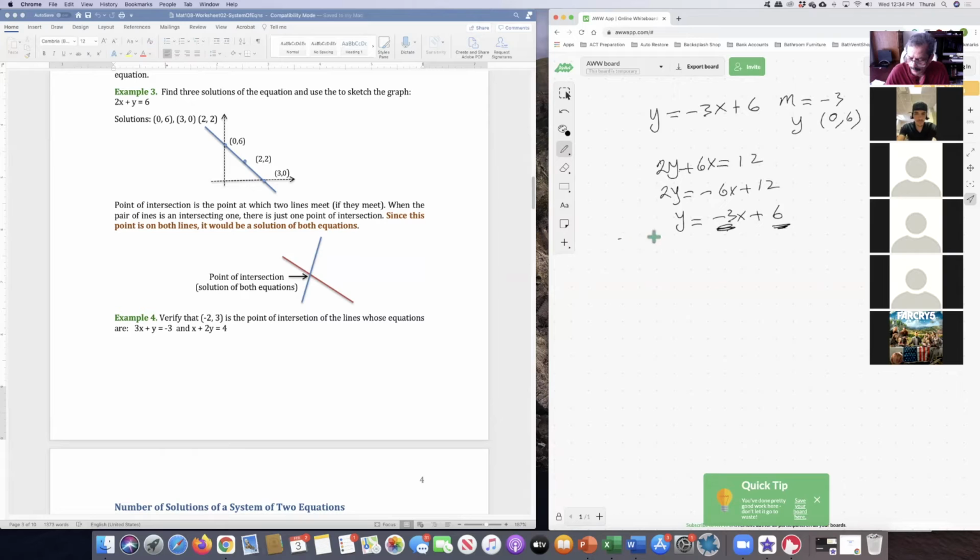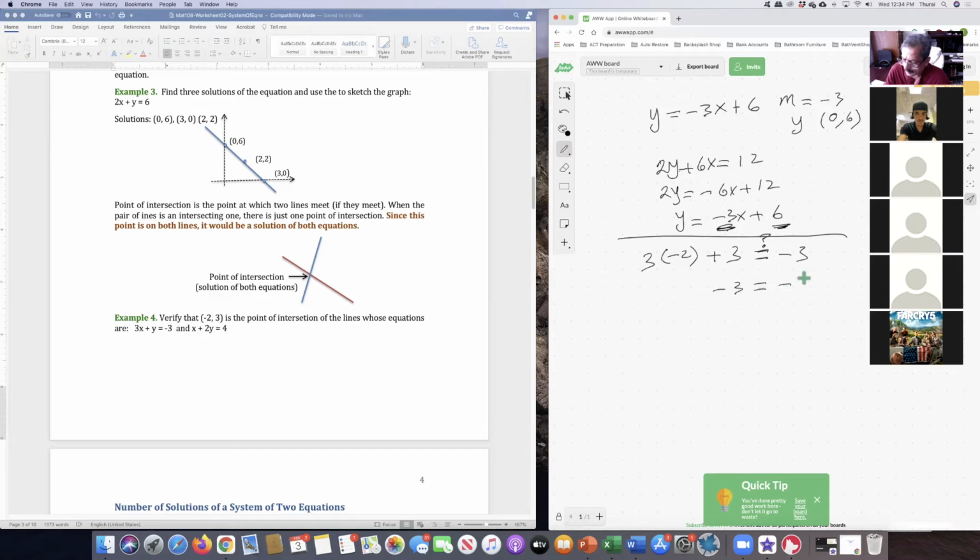So I'm looking at the first equation, 3 times x, plug in x = -2, plus y, which is 3. So the question is, is it equal to -3? I'm putting a question mark on top of the equal sign. Simplify the left side. 3 times -2 is -6. -6 plus 3 is -3.